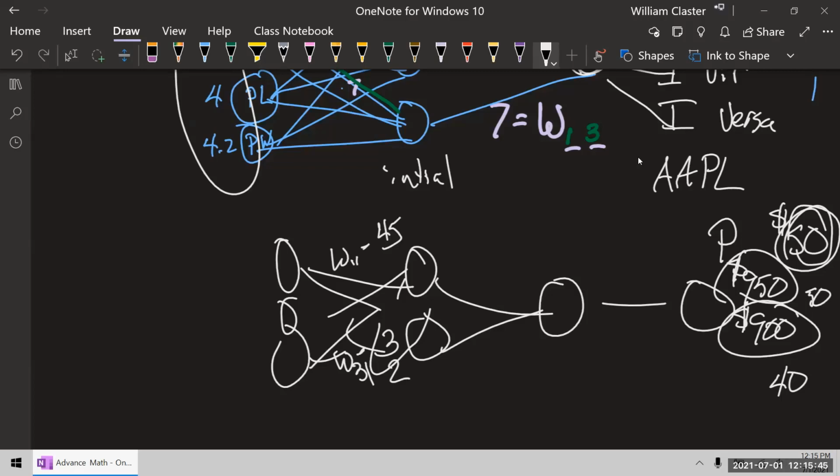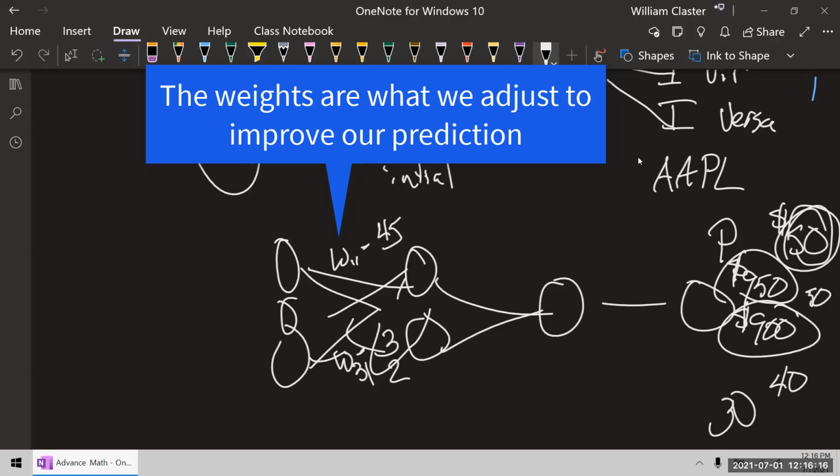Then we take a new day and make a prediction, and maybe now the error is 30, and now we adjust the weights somehow, and we keep doing this. Each time we run through a new example in our data, like a new day or a new flower, if we're talking about irises, and we get an error, then we want to adjust the weights. The weights are the things that we're going to adjust to improve the predictions.